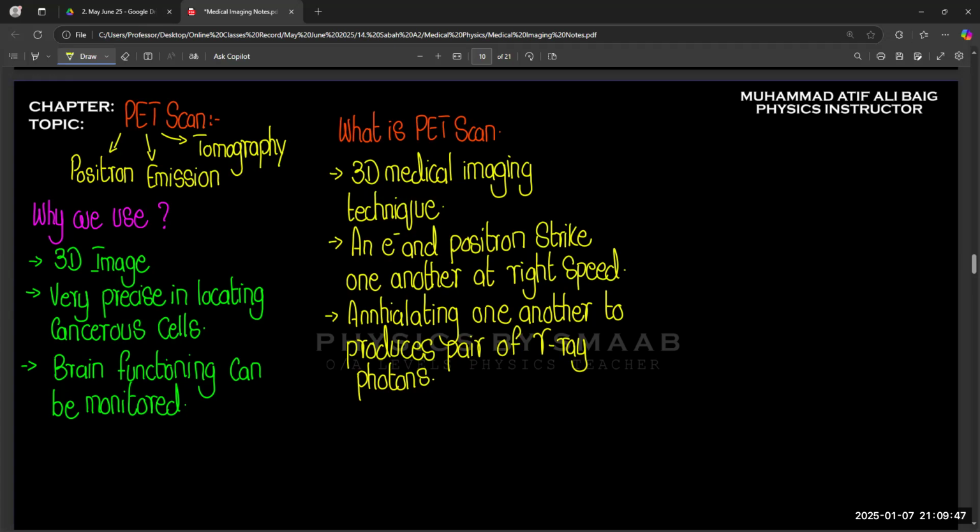So the main purpose in the medical field is to detect or to treat cancerous cells, right? Another purpose of X-ray is to diagnose any defect in the bone. But if we work at an advanced level, the main purpose is to treat cancer cells. In most hospitals that work with cancer patients, they use this technology.